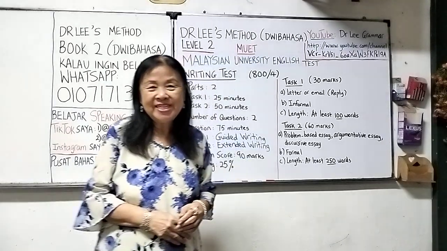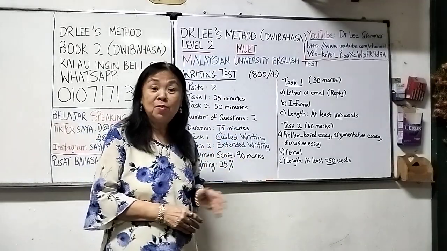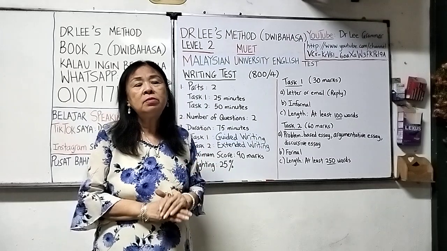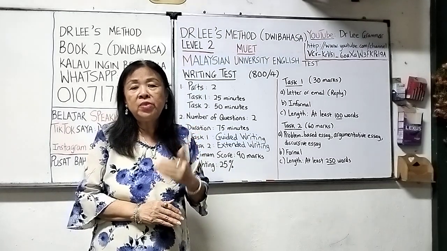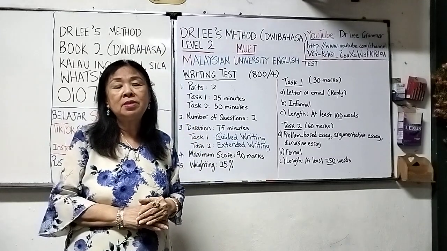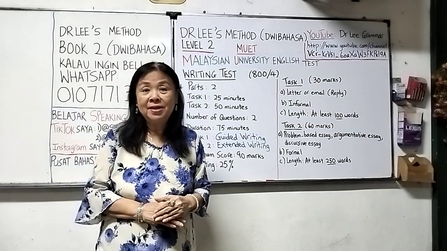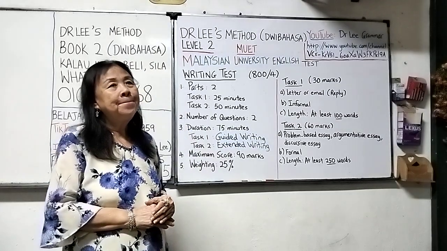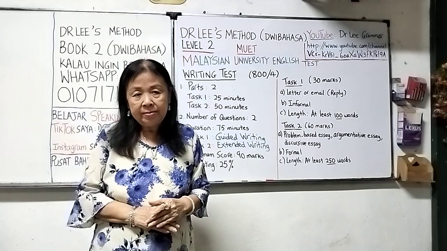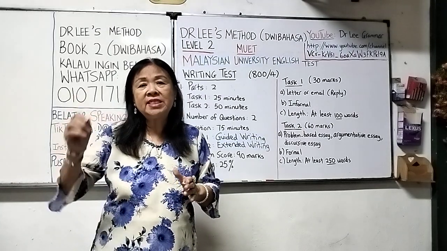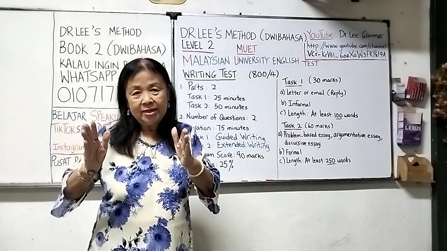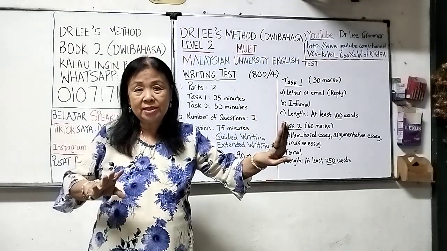So welcome everyone. As you can see on the board over here, I'm now going to share with you what I know about the MUET paper. Now, MUET is an acronym. An acronym is the first letter of a word. So for example, there are 4 words.